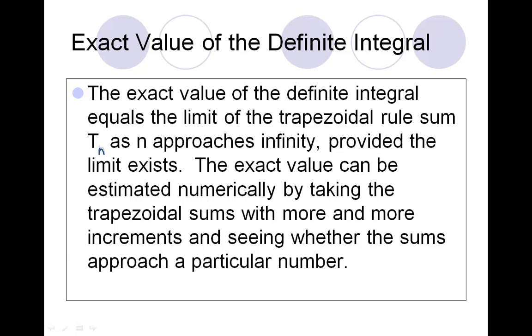I'll explain this in just a moment. The exact value can be estimated numerically by taking the trapezoidal sums with more and more increments and seeing whether or not the sums approach a particular number. Please write this definition in your notes. You can pause at the moment and take a moment to do that.